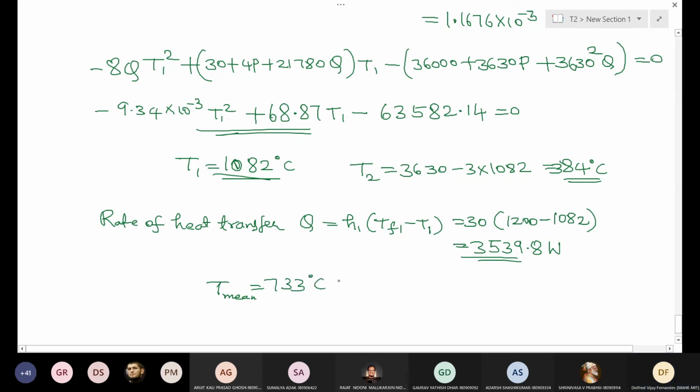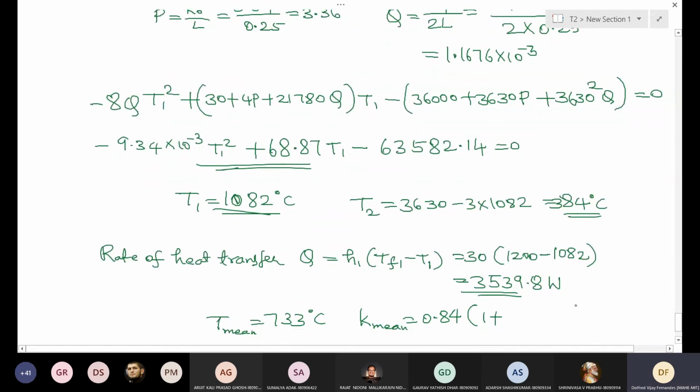Now we can calculate K mean. K mean equal to K0 into 1 plus beta, 0.84 into 1 plus 0.695 into 10 to the power minus 3 into T mean, that is 733.